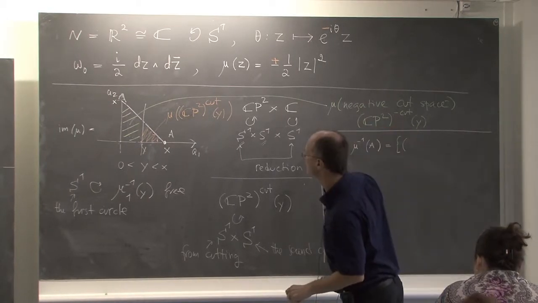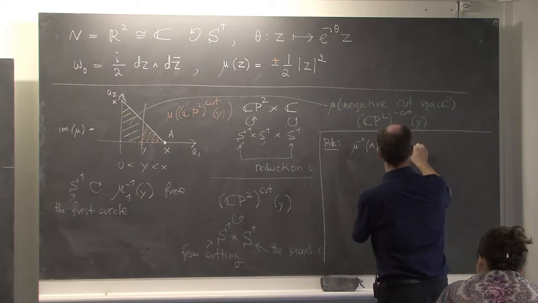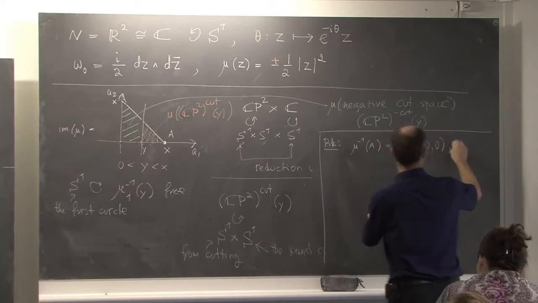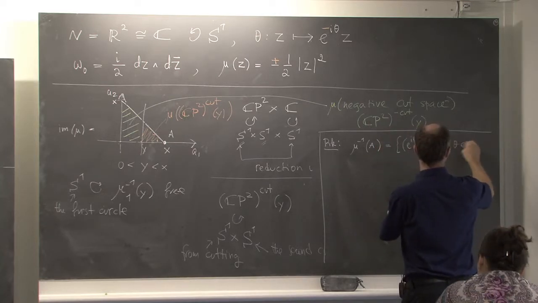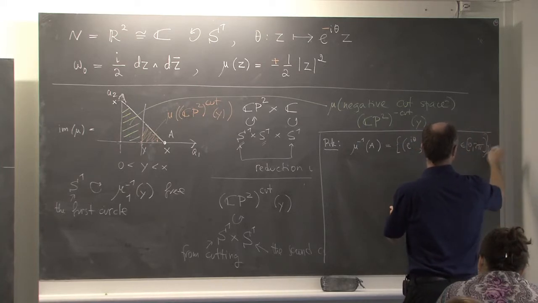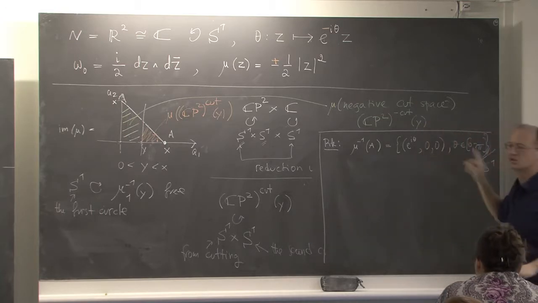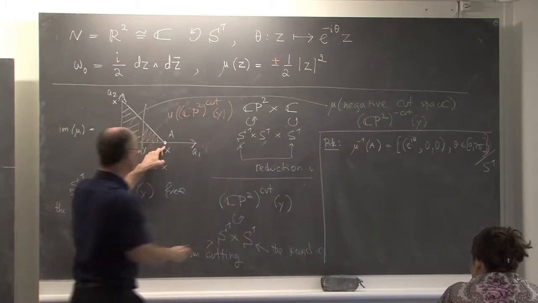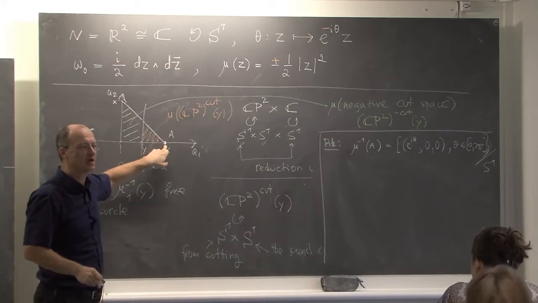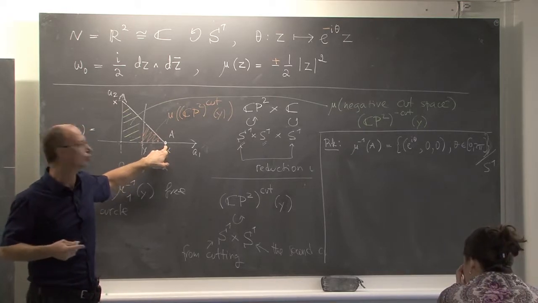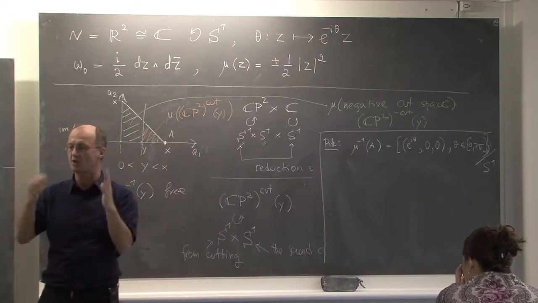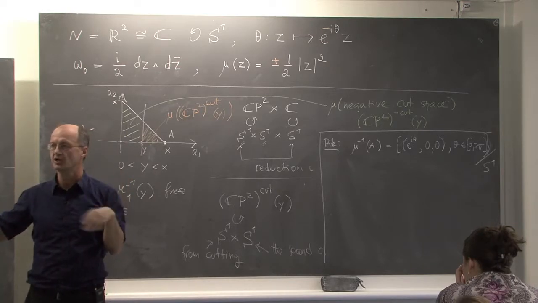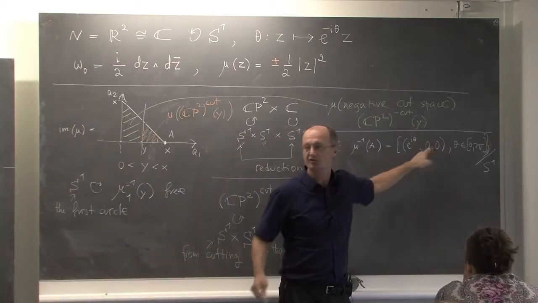So which one? What is it? How did I define it? I think it's like that: exponential i theta, 0, 0, for theta in 0 to pi, divided by S1. So this is just one point, because if you want this coordinate to be, say, 1, we need Z1 to have absolute value equal to 1. And then since the sum of squares of the 3 of them is equal to 0, the other 2 have to be equal to 0.